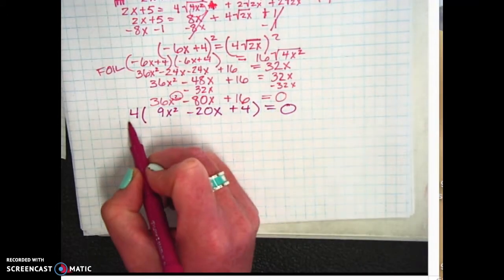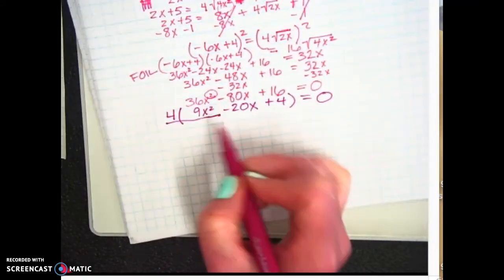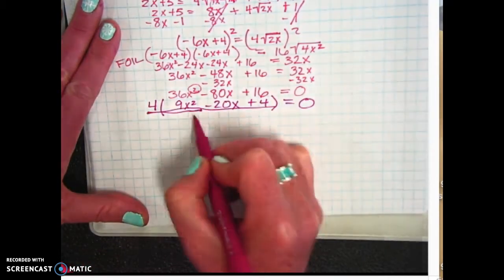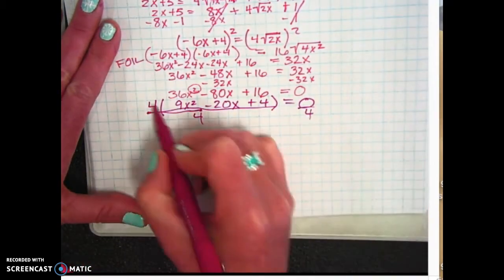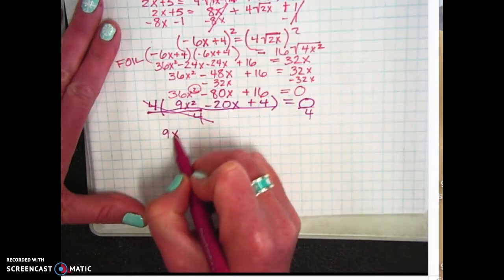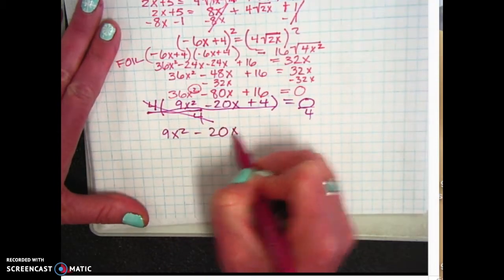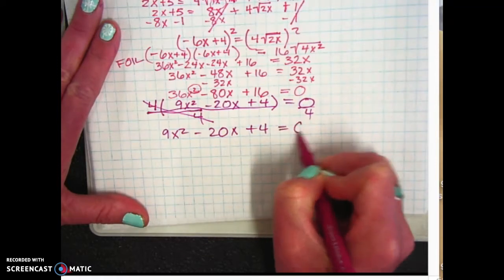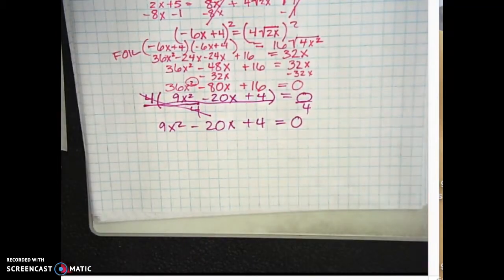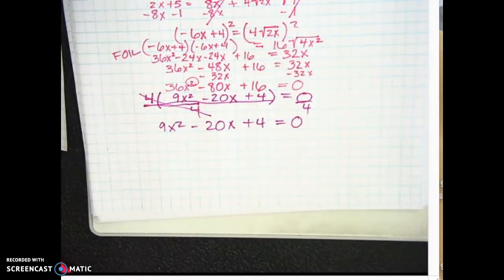And then if I divide by 4, the 4's cancel. I get 9x squared minus 20x plus 4 equals 0. Okay? Is this easily factorable? No.